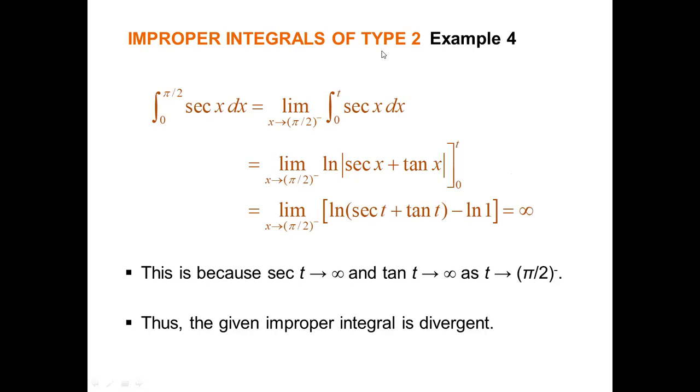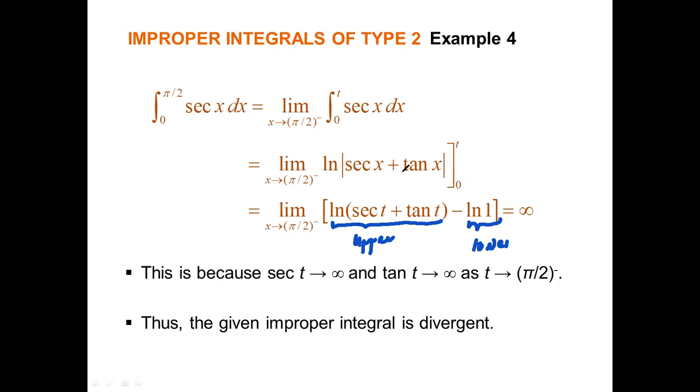So I will place here an annotation so you will know what I'm talking about. I'll just use a different color. This one is your upper limit. This one is for your lower limit, the ln of 1. How did ln of 1 come about?